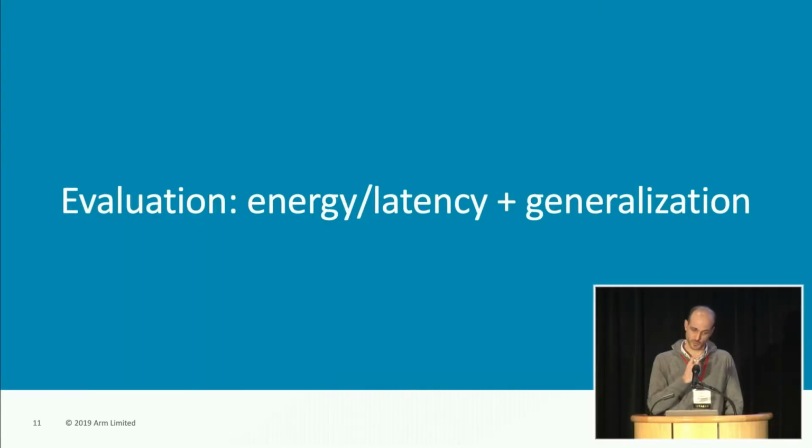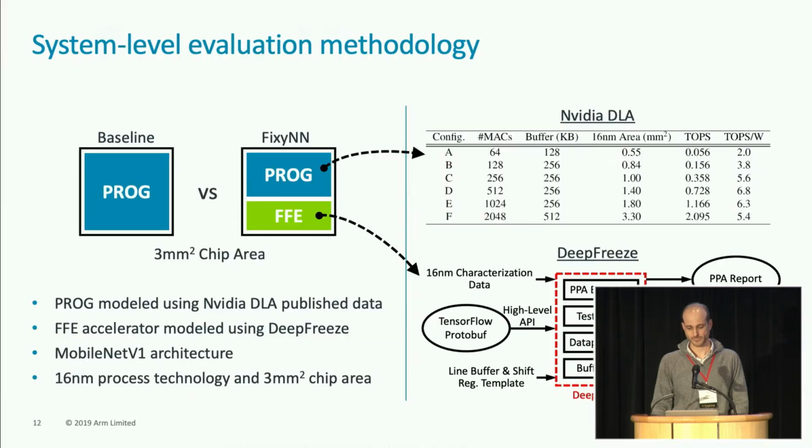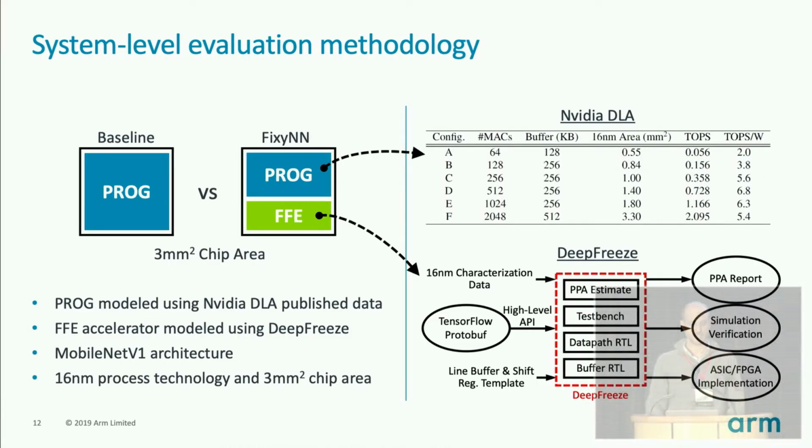Okay, so we want to evaluate the FixyNN architecture, and there are two main things we're interested in. One is the energy and latency improvements. The second is generalization, so the ability to use that fixed hardware across a range of tasks and data sets. The methodology is to take a baseline, which is a conventional programmable CNN accelerator running the MobileNet v1 network architecture.